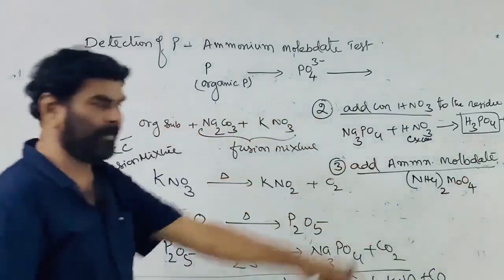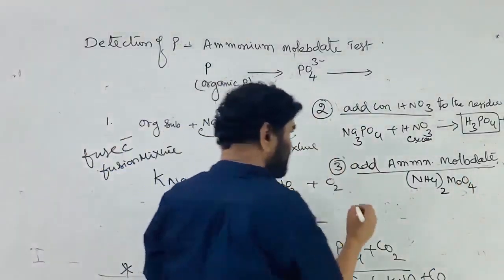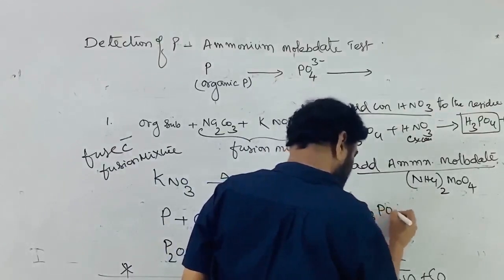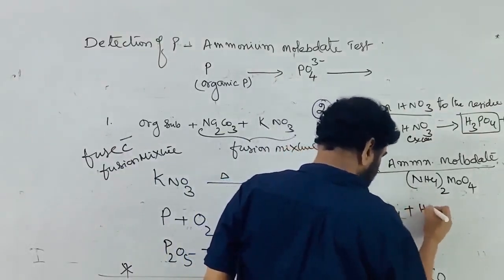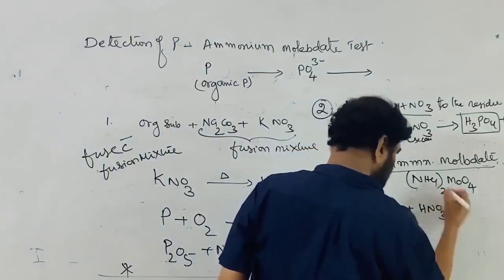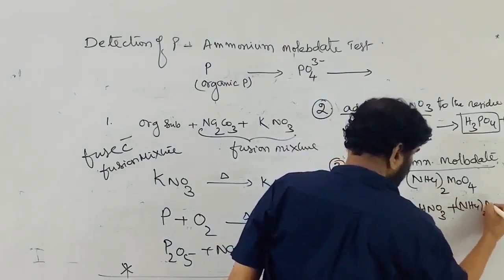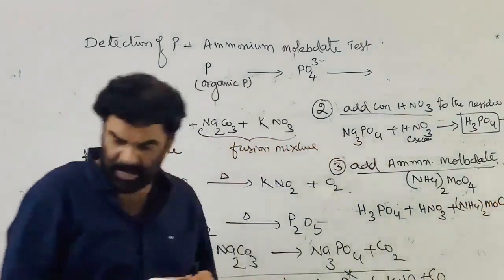MoO4 is the molybdate ion. On addition of this, what happens? The H3PO4 plus the concentrated HNO3 plus ammonium molybdate, (NH4)2MoO4.